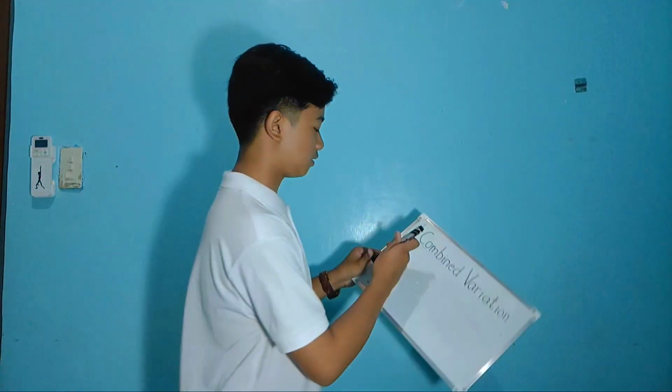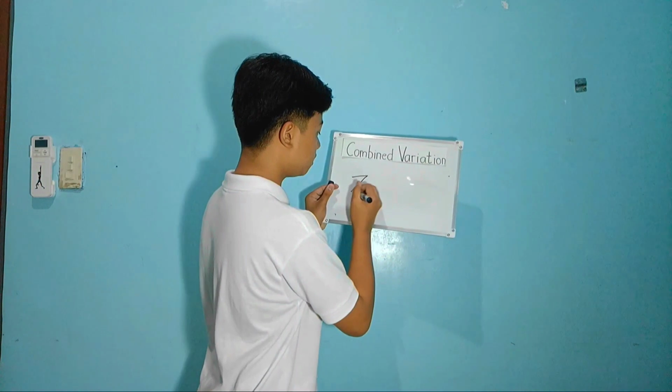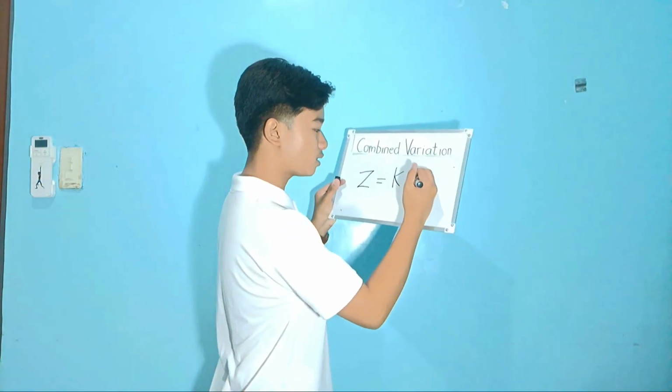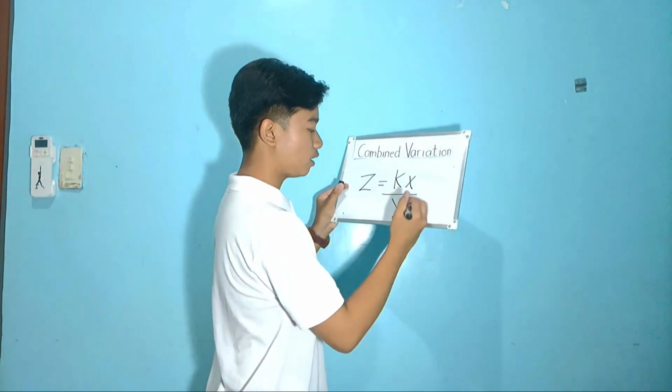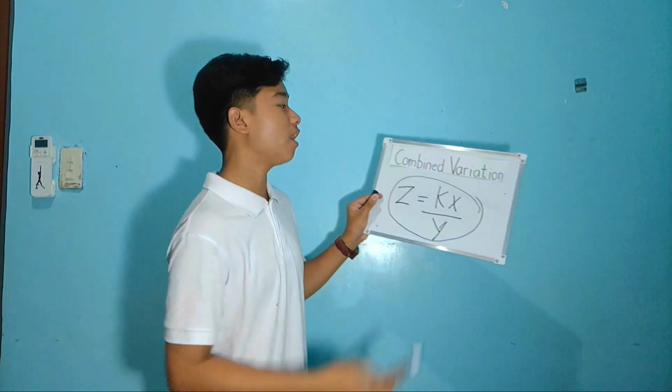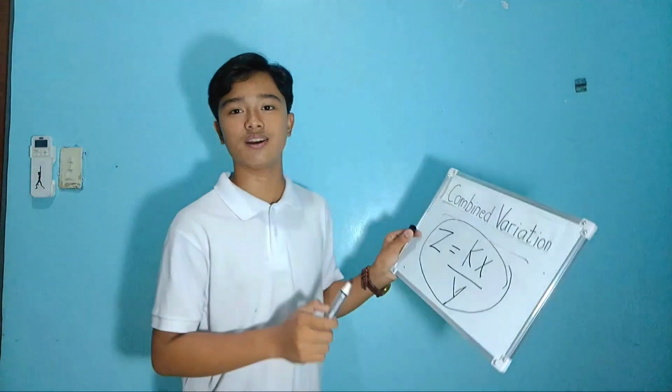That is what you call combined variation. Combined variation also has a general equation, which is z equals kx over y.